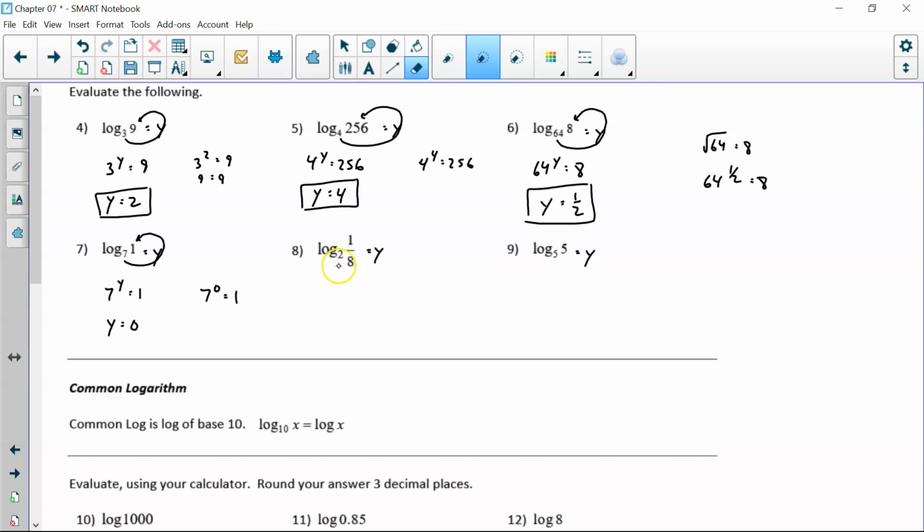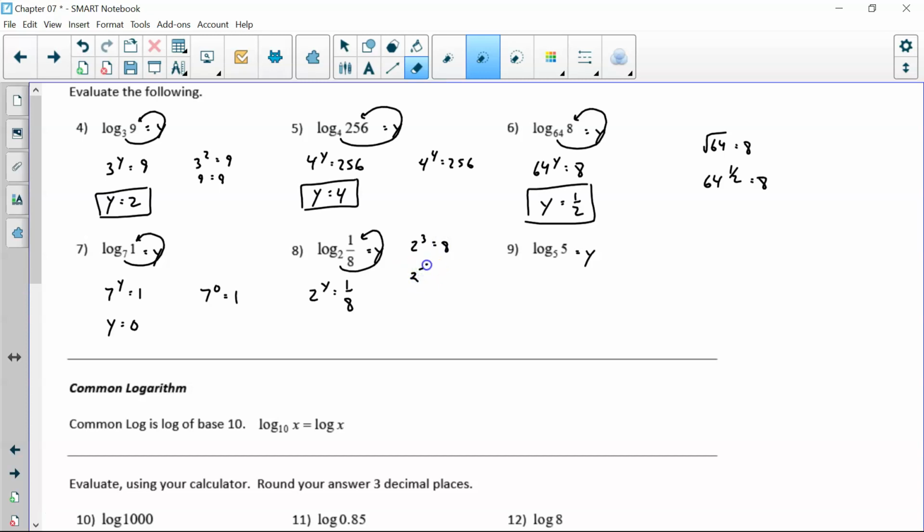Number 8, rewrite 2 to the y equals 1/8. When you're going from a whole number to a fraction, think negative exponent. Now 2 to the third is 8, but we want a fraction. So we would need a negative exponent.